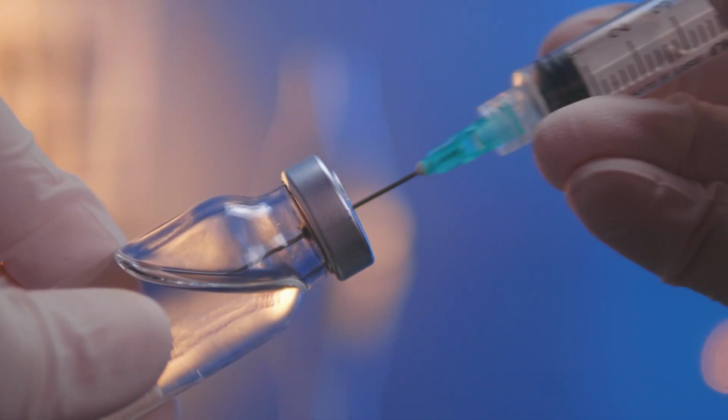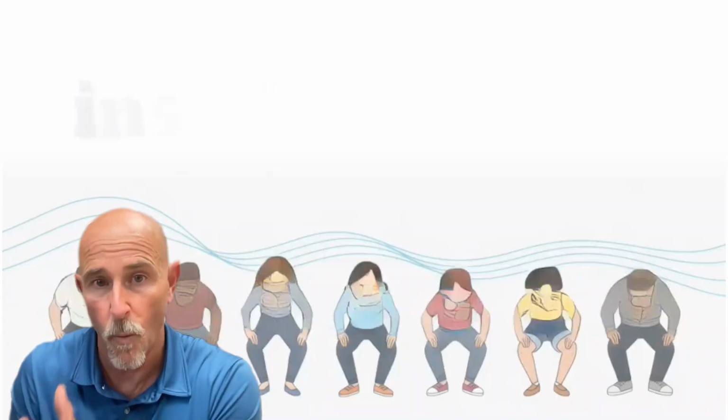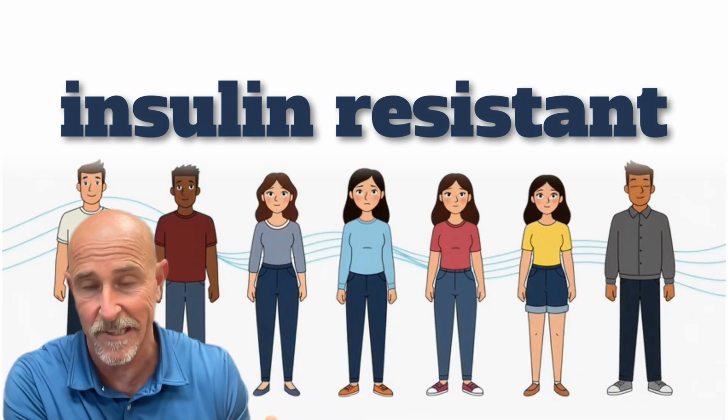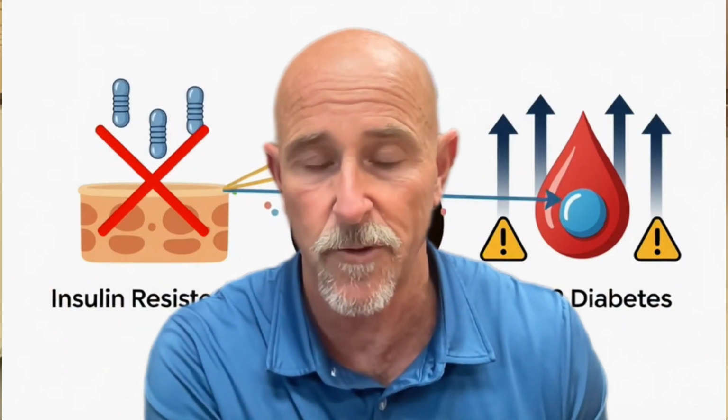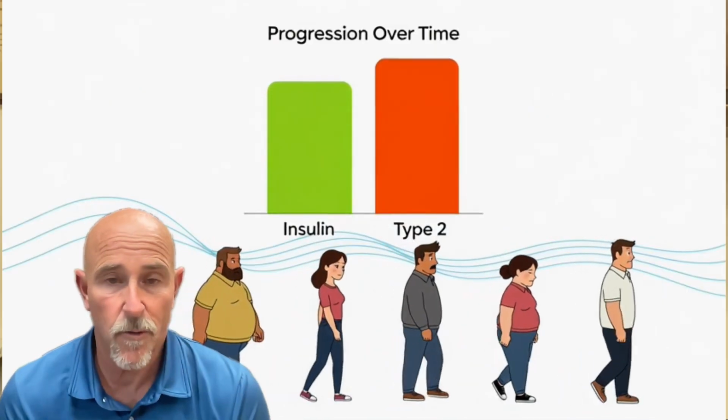Type 2, also termed adult onset, oftentimes not insulin dependent initially, is a situation where we become insulin resistant. Now, just like all diseases, there's genetic predisposition, and there are some people who can live a lifestyle that would make one group of people insulin resistant and ultimately develop type 2 diabetes, and there are others that just don't have the genes for it, and even though they may have multiple factors in the way they lead their life that should lead to type 2 diabetes, they don't end up getting it.